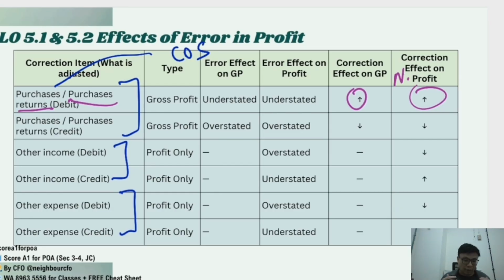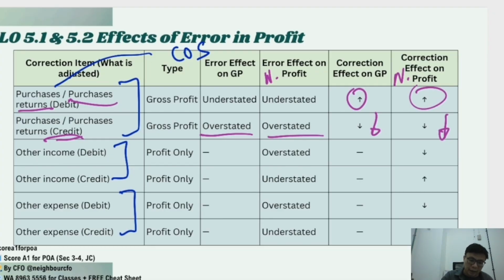The flip side, of course, when you do an adjustment in terms of crediting the purchases or purchase return, you will realize that your GP on start is overstated and your net profit is overstated, and after you did the correction, it will of course drop.